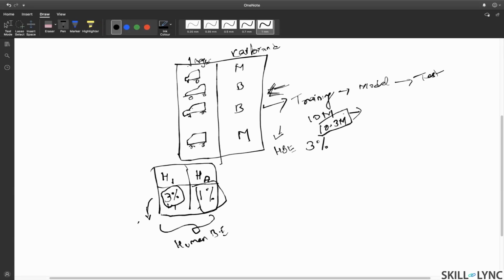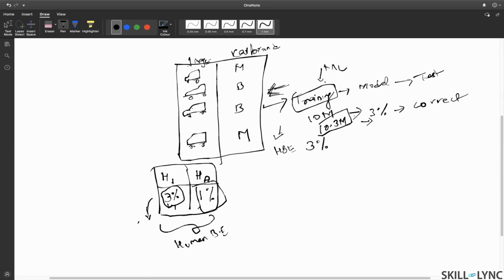Imagine someone has done the calculation manually that there is a 3% error and corrected it. When we implement a machine learning algorithm on the training data set, how will you correct your machine learning model? That's the question. Manually you can correct it, but how will you calculate?